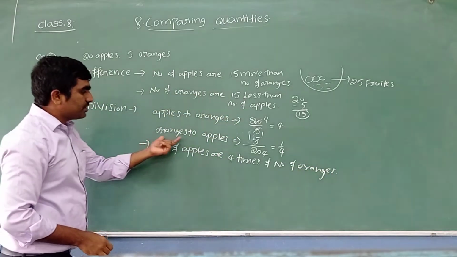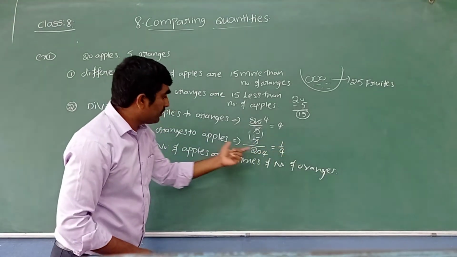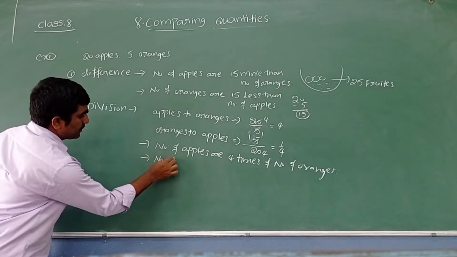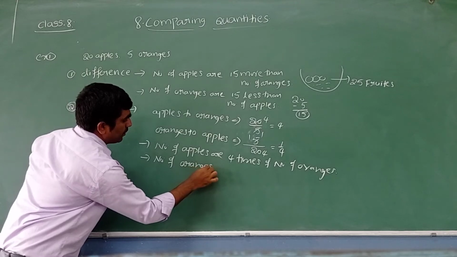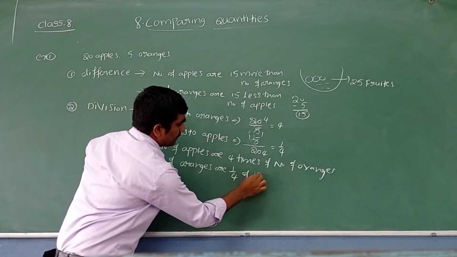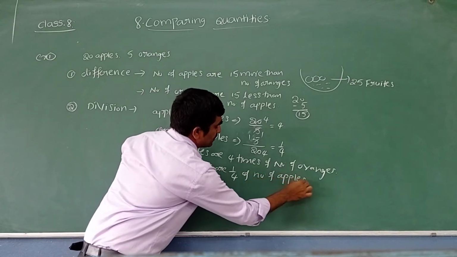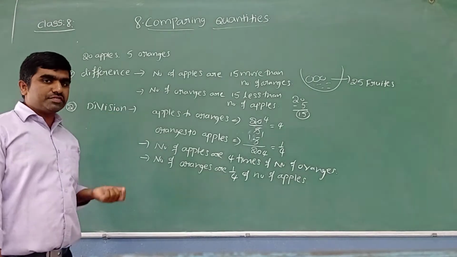Similarly, the number of oranges is 1/4 of the number of apples. So these are the conclusions we can write when we compare quantities by the division method.